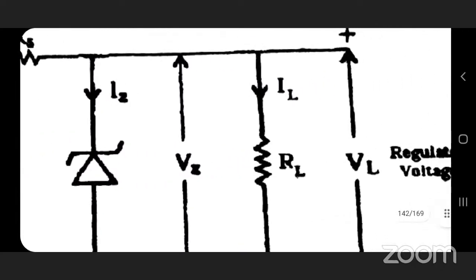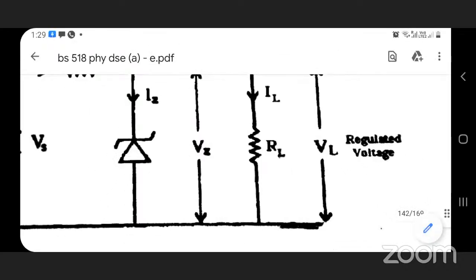If it passes through this load resistance, there is a load current IL. The load resistance is RL, then IL into RL is nothing but VL. That means the output is a regulated voltage.